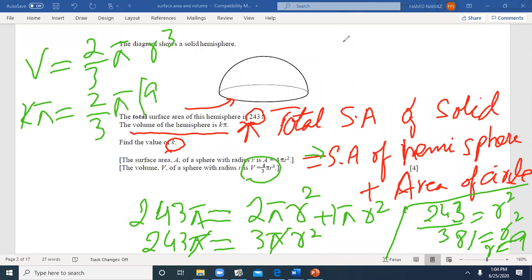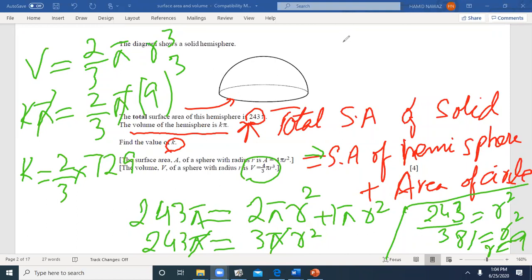r is what? 9. And that is cubed. So again, simply cut this pi and pi. Get rid of this pi whenever they are used as a variable. So it will become what? 2 by 3 times 9 cubed. 9 cubed, can anybody tell me? It will become 729 when you take a cube.